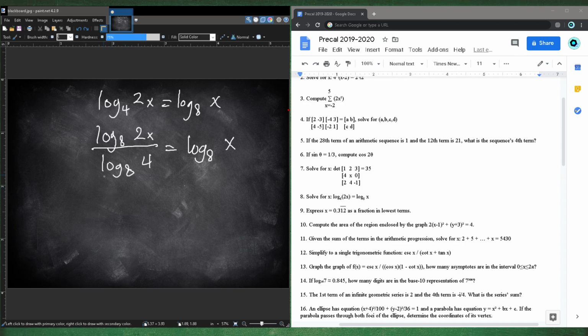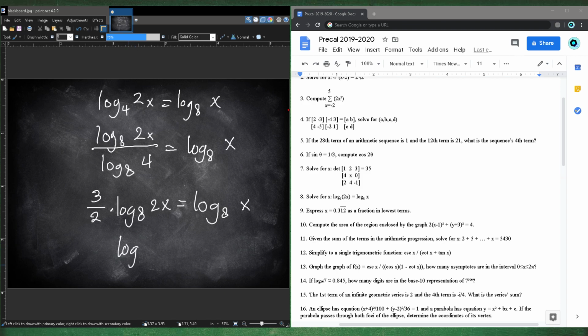And when you divide by a fraction, we multiply by the reciprocal. So log 8 of 2x divided by 2/3 is just multiplied by 3 over 2. So it's 3 over 2 times log 8 of 2x equals log 8 of x. When we have a scalar, we can just move it to the exponent. That's just a log rule.